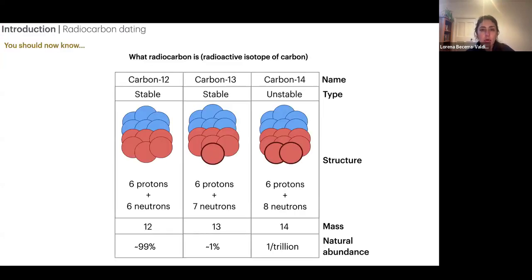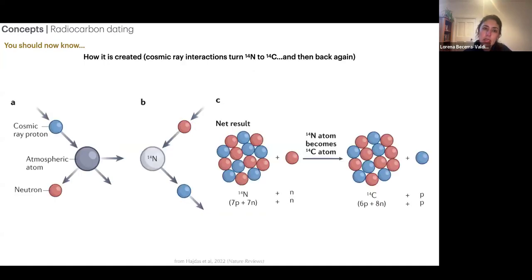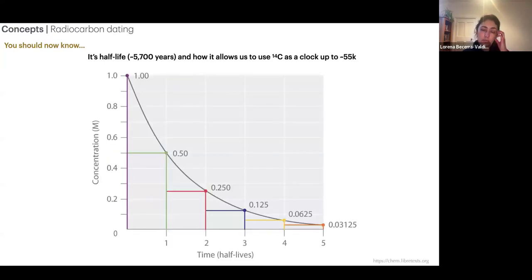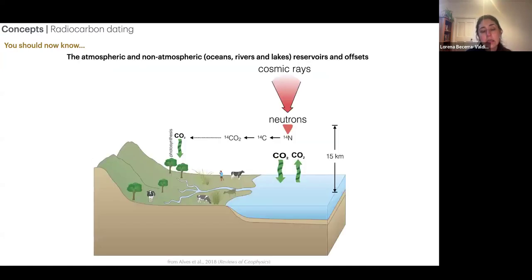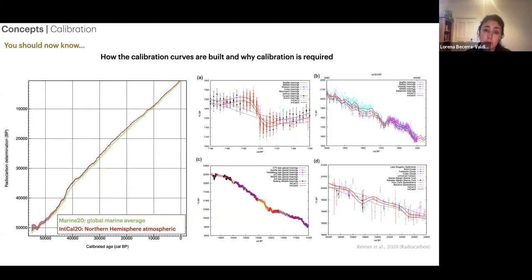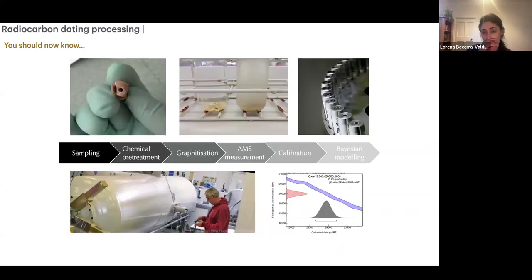So by now you should know what radiocarbon dating is, how it's created, the half-life, and how that allows us to use radiocarbon dating as a clock up to about 55K, how it's dispersed and fixed, the atmospheric and the non-atmospheric reservoirs, so the oceans, rivers, and lakes, and the offsets and the challenges that the non-atmospheric reservoirs bring, how the calibration curves are built, the different uncertainty and resolution at different time periods, and why calibration is required in the first place, and the radiocarbon dating process.